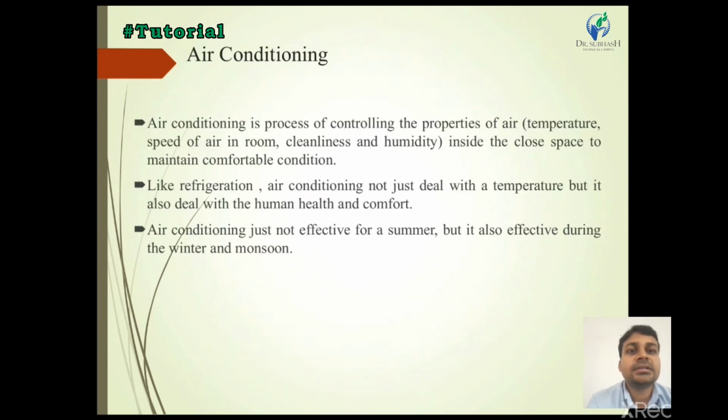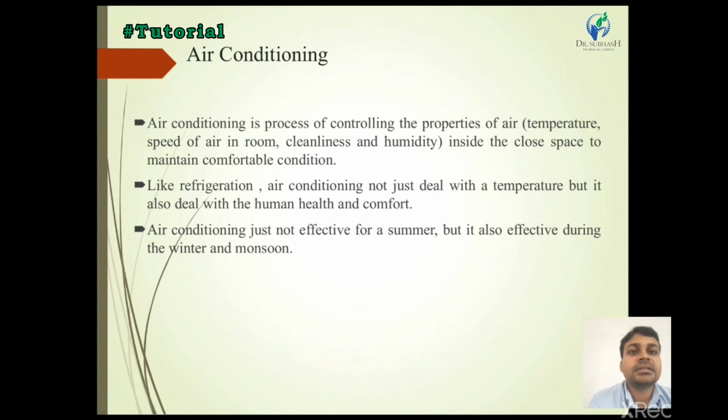The air conditioning process controls the properties of air: temperature, speed of air in the room, cleanness, and humidity inside the closed space, and maintains a comfortable condition. All the parameters required for human comfort are maintained by the air conditioning system.